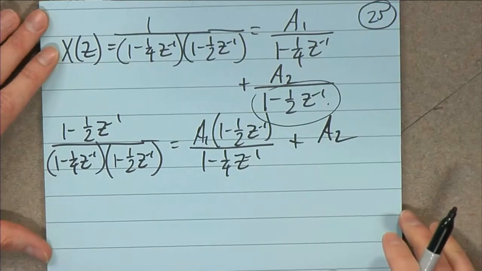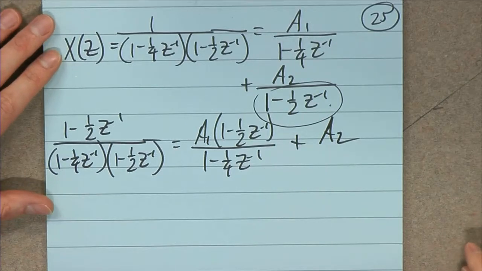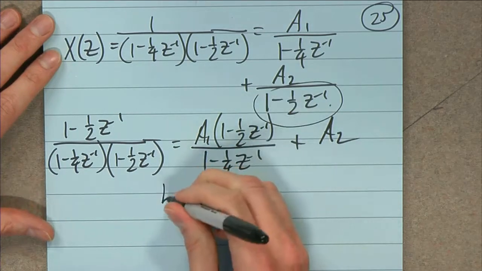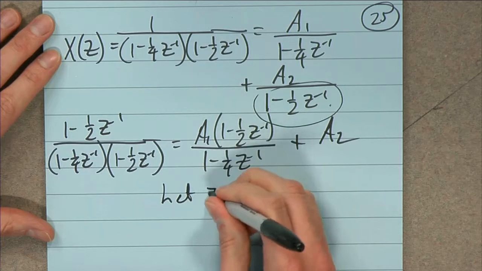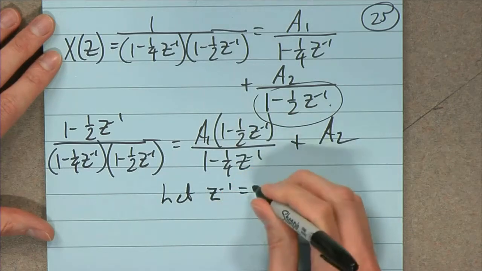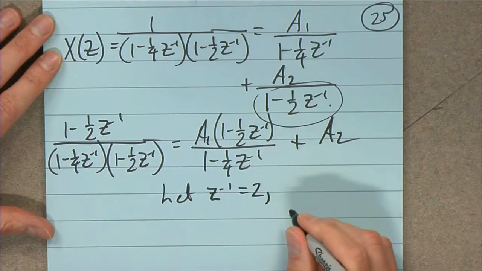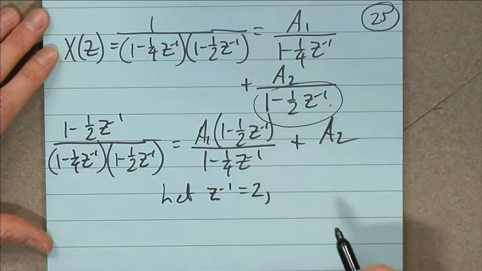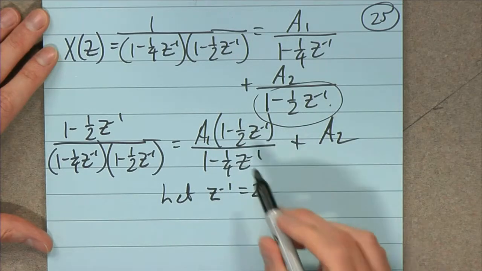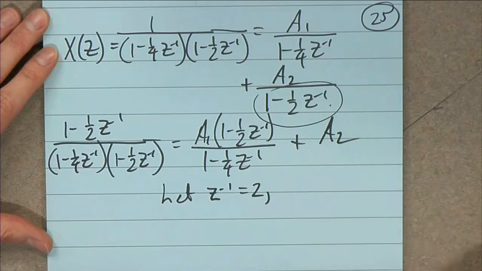We're left with a2 all by itself, which is what we want. So now we let z inverse equal 2. And if we do that, that eliminates this nuisance term, so we're just left with a2.